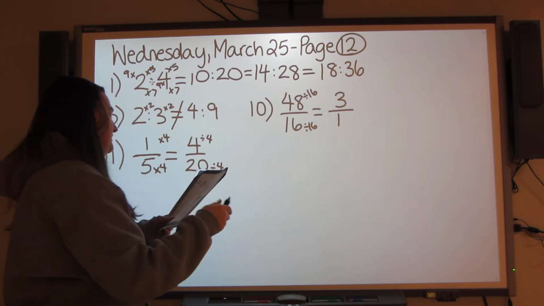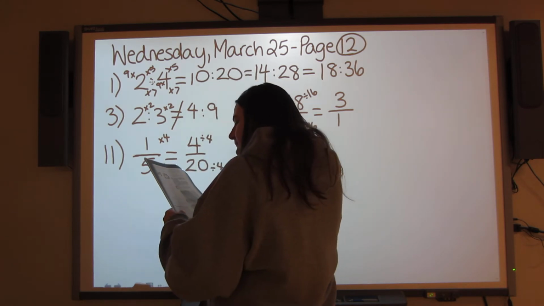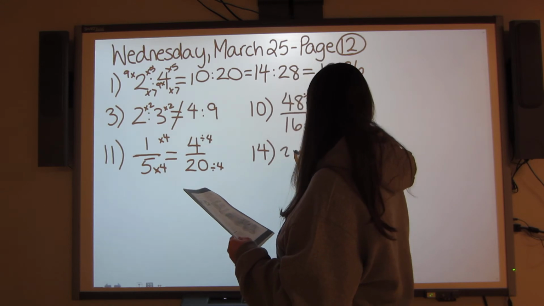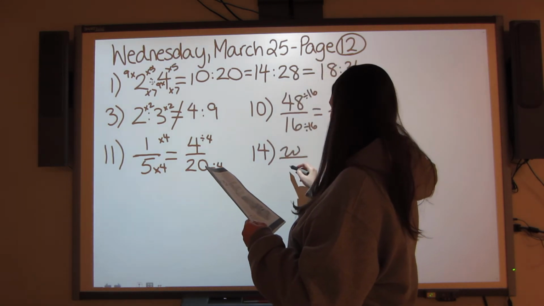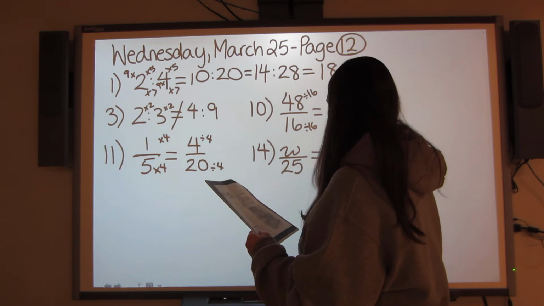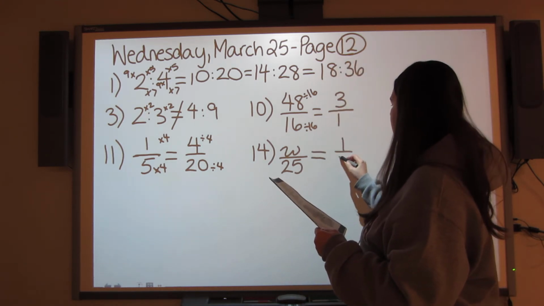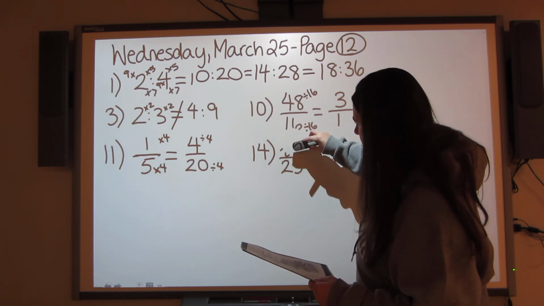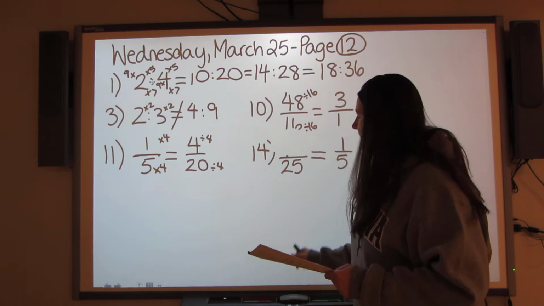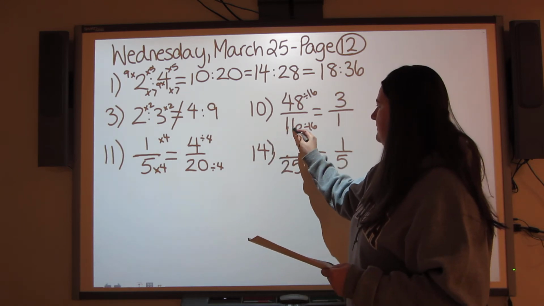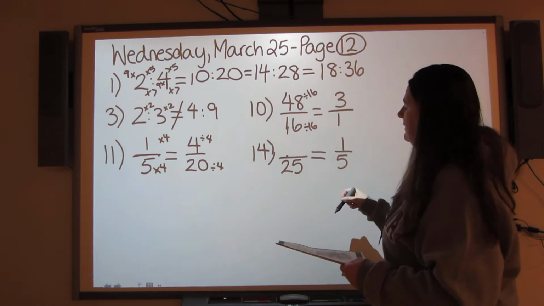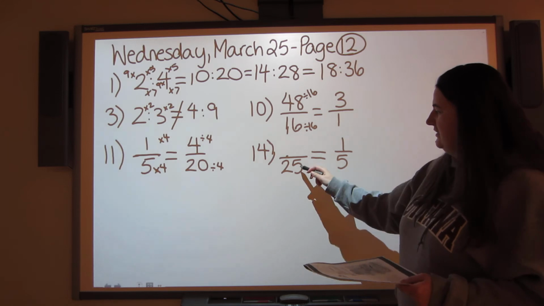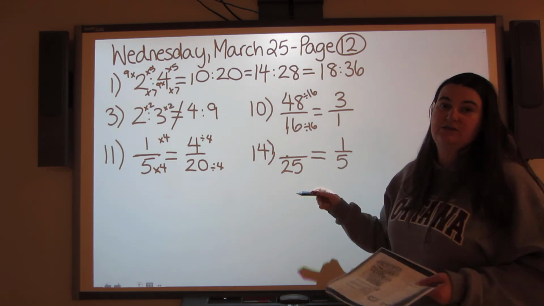Let's work on number 14. So number 14, I have a w over 25, and it equals 1 over 5. So again, you're going to get rid of your w, because it's an empty box. You need to fill the box. So you're going to have to figure out the relationship between 25 and 5. How do I turn 25 into 5? How do I turn 5 into 25?